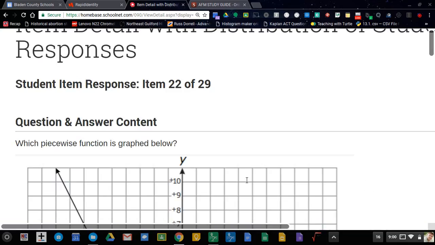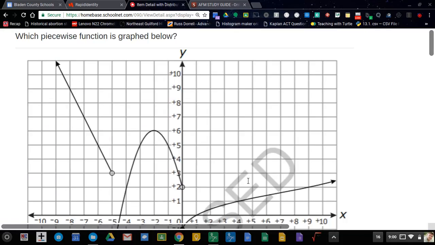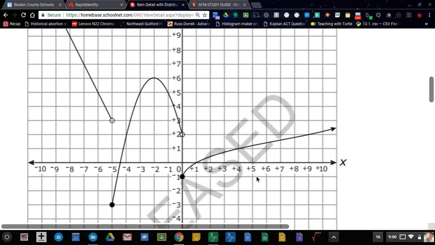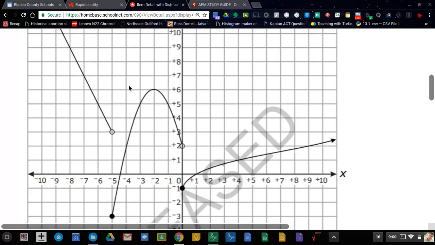All right, guys, this one you have a piecewise function that's graphed below.